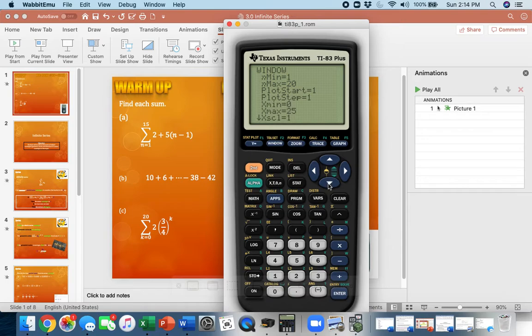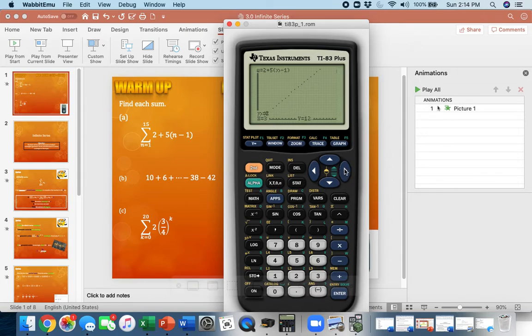And then look at my X min and max. That's my window. I wanted my window to go farther right. And I made my Y max go to 100. And look what happens when I push graph. Oh, snap. Those are the terms of the sequence. Look what happens when I push N. The first term, right, is when I plug in 1 and I got 2.